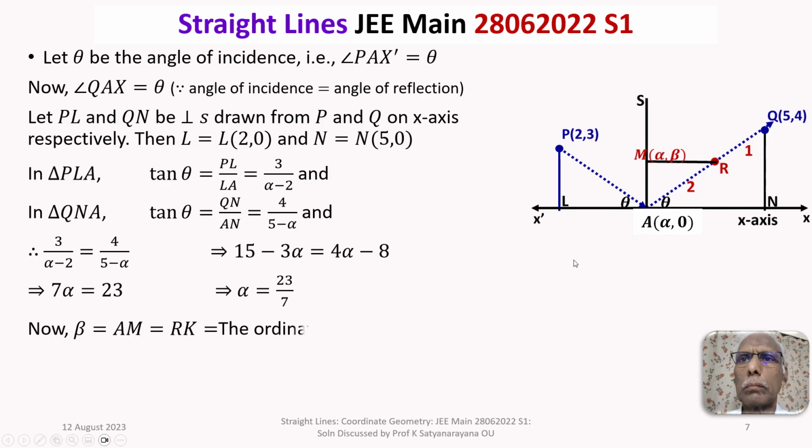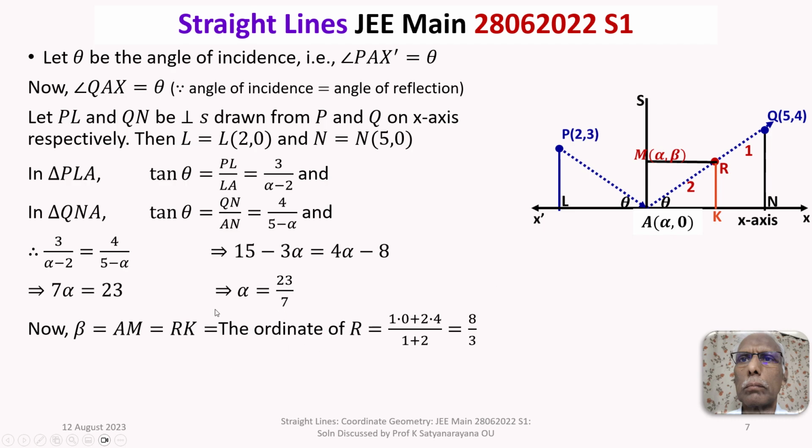So beta is equal to AM, AM is equal to RK, and RK is the ordinate of R. The ordinate of R is obtained as (1 times 0 plus 2 times 4) by (1 plus 2), that is equal to 8 by 3 by the section formula.